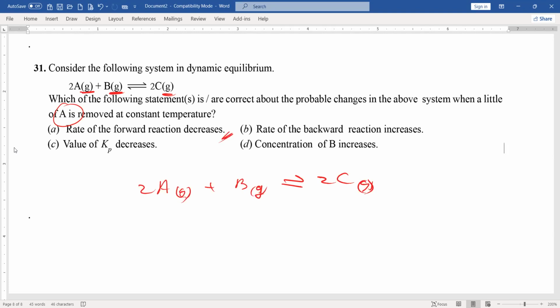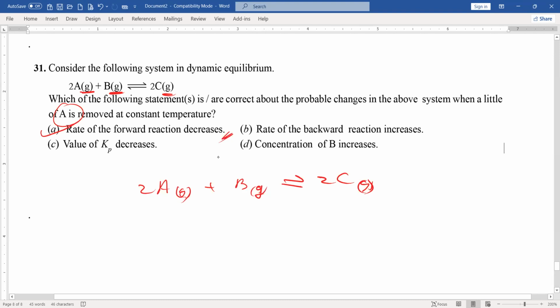Definitely. Why? The A concentration will decrease. Because of the decrease in A concentration, the rate of the forward reaction will decrease. So A is correct. Why? Rate depends on the concentration. If the concentration is decreased, the rate will decrease.